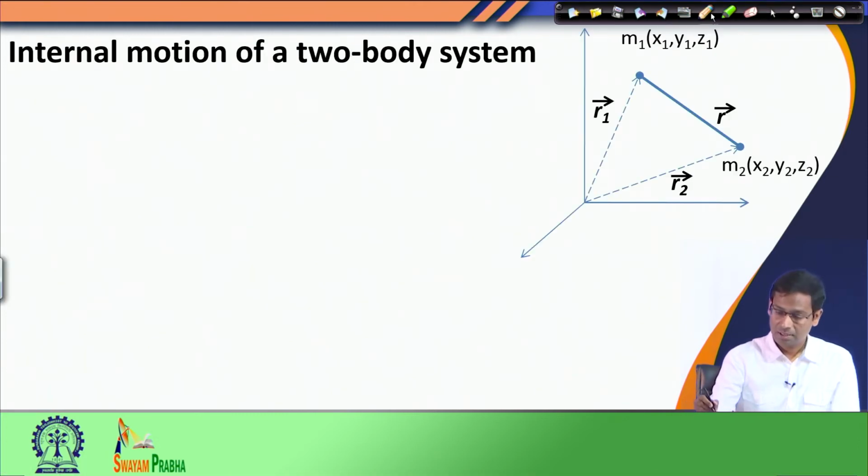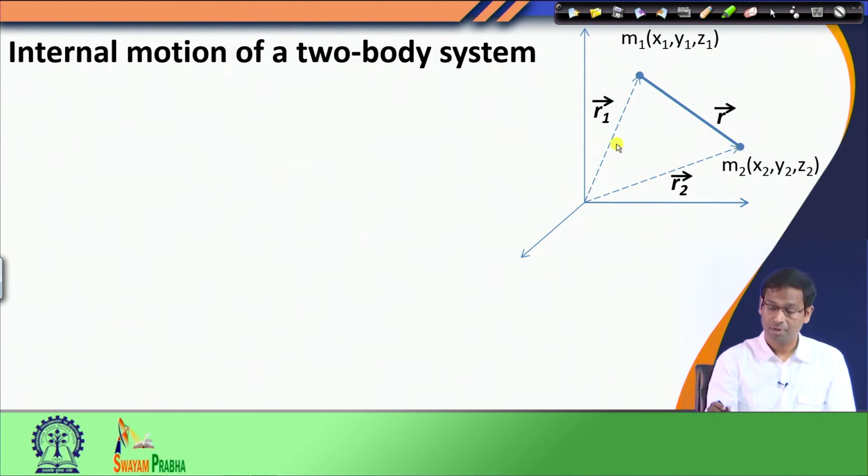We would now discuss the internal motion of a two body system. Suppose I define a two body system with mass m1 and mass m2. Mass m1 occupies the Cartesian space x1, y1, z1, and m2 occupies the space x2, y2, z2. I can define the positions of mass 1 and mass 2 in terms of two position vectors r1 and r2, and the vector connecting mass 1 and mass 2 is defined by another displacement vector r.